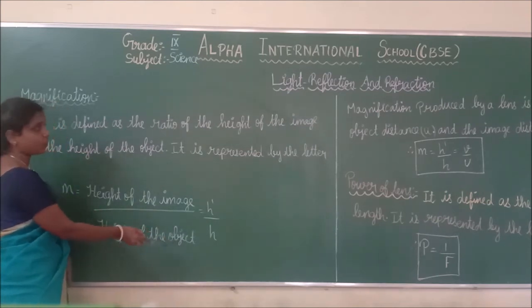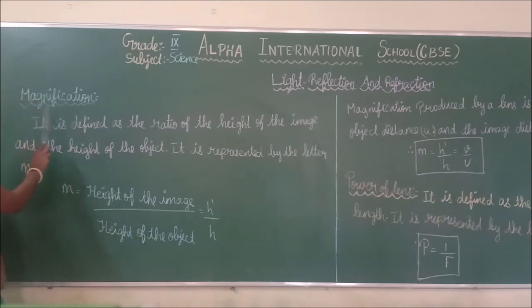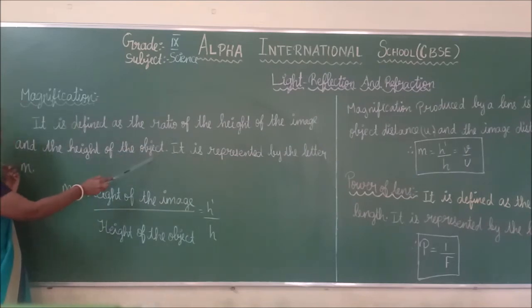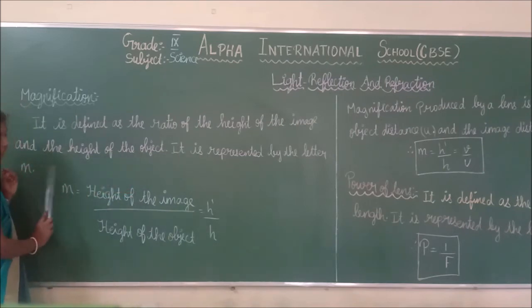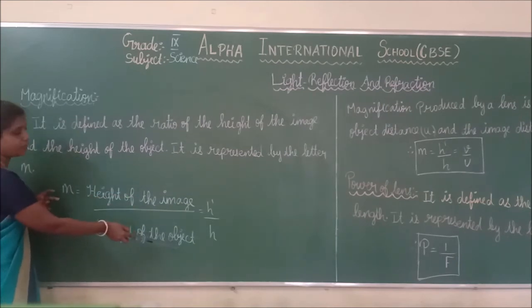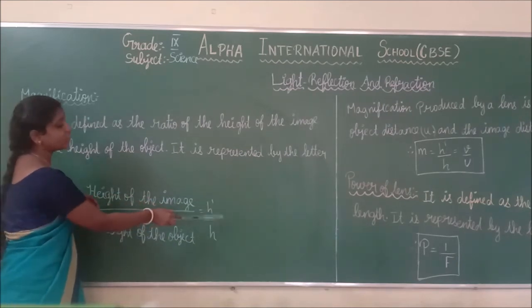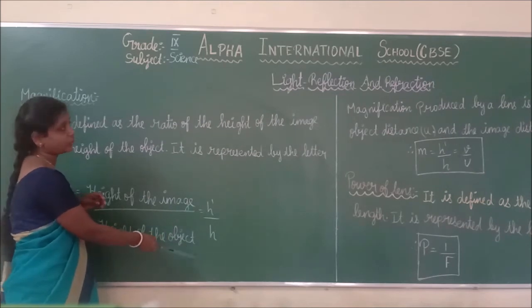Magnification is the ratio of height of the image and height of the object, represented by the symbol m. Therefore, m is equal to h dash divided by h. Do you understand, students?